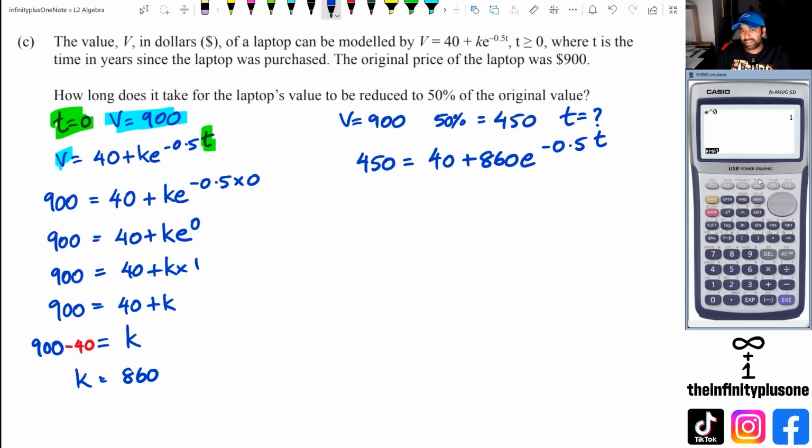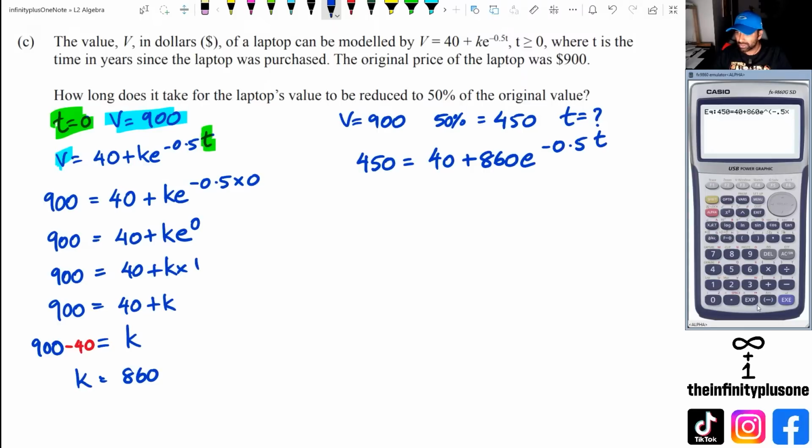Now from here you can do this in a couple of ways. First off, you could just throw this in the solver and do it straight away. For example, go into equation, then solver, and enter 450 equals 40 plus 860, sometimes it works and sometimes it doesn't, e to the power of negative 0.5 multiplied by t.